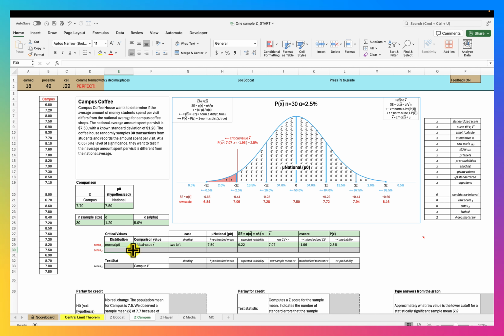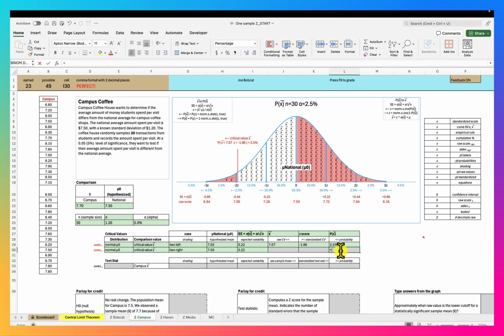And then we have to do the other tail. So this becomes the right tail. This is the same, and so is this. These will always be the same all the way down. But these last three will change.